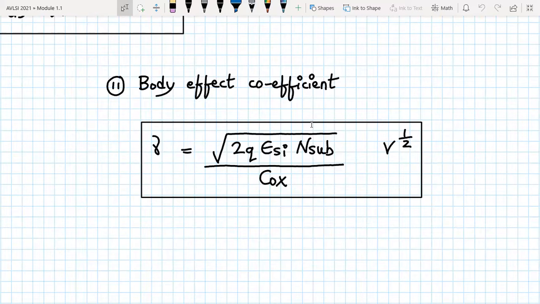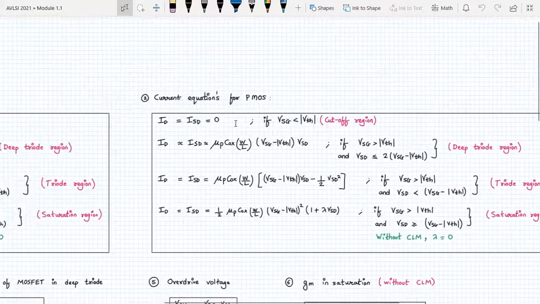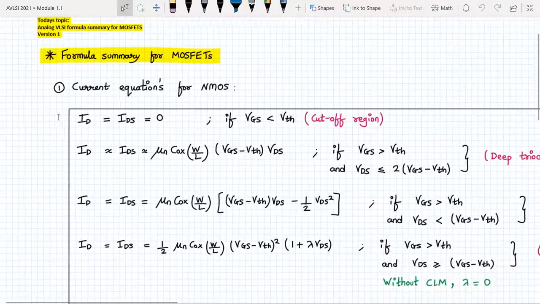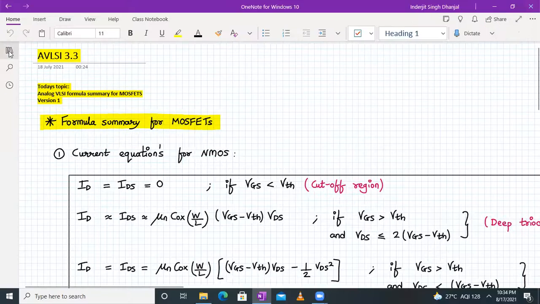And in case of a PMOS transistor, the substrate is N type, so you will have Nd doping. The unit of the body effect coefficient gamma will be V raised to half, that is, square root of volt. So these are the various formulas which we have to keep in mind while solving various numericals based on MOSFETs. Now let's move on to the next part.